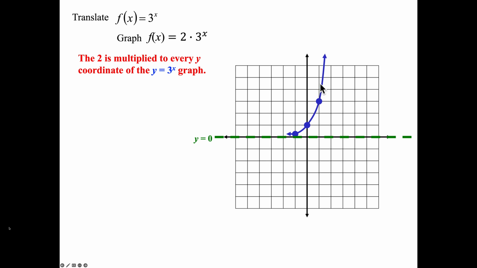Take the 3 and multiply it by 2. I'm going to be at (1, 6). My common point is at (0, 1). Take the 1 multiplied by 2. I'm at (0, 2). Here my y coordinate is 1/3, at (-1, 1/3). Multiply that by 2 puts me at 2/3. And then draw in your graph.